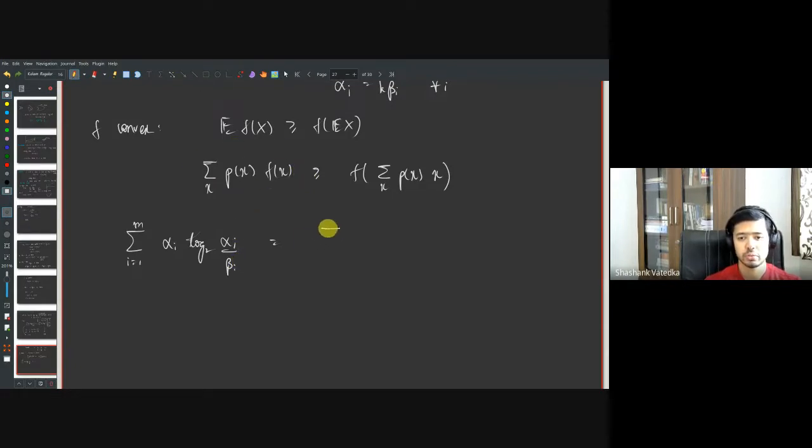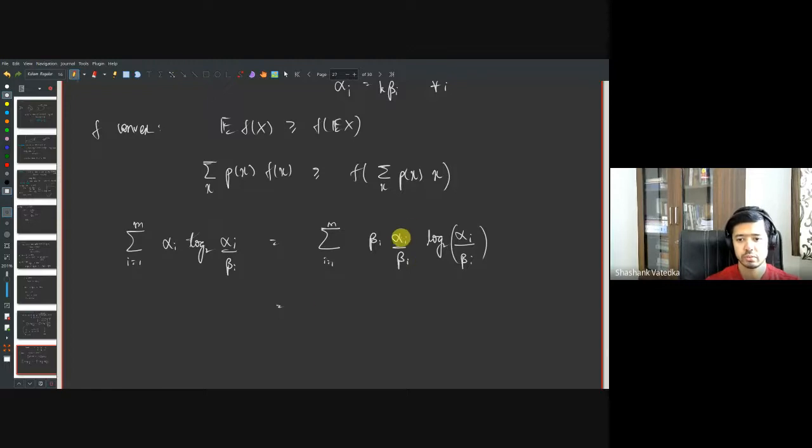Okay, so let me do the following. I take summation I going from 1 to m of beta I, and I'll multiply and divide by beta I, log alpha I by beta I. I've done nothing but multiply and divide by beta I. All the beta i's are strictly positive, so I can do this.